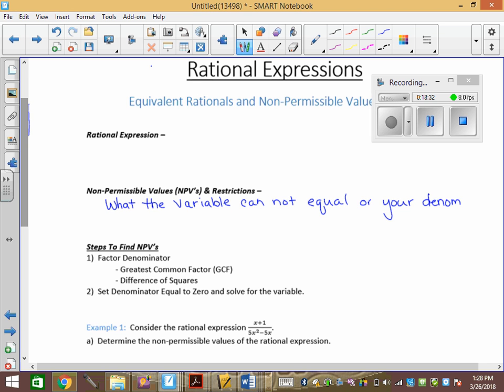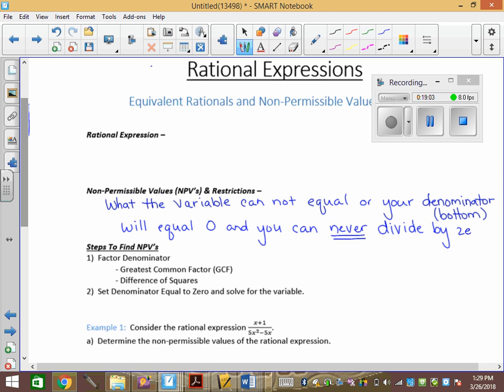The denominator is the bottom. It cannot equal 0, because you can never divide by 0.